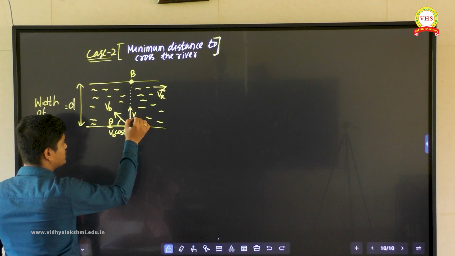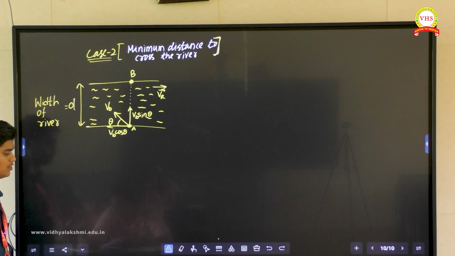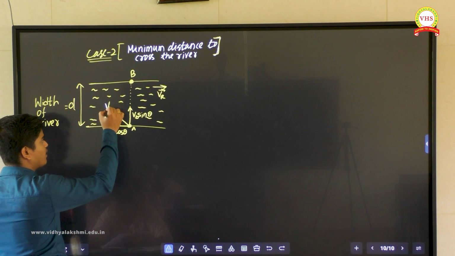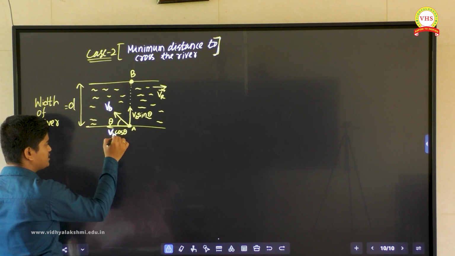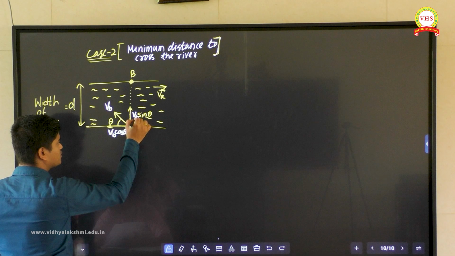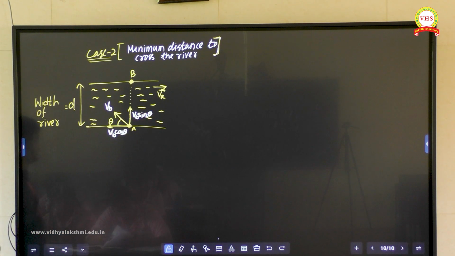This component, tell how much it is? VB sin theta. So the boat velocity VB has one component in this direction, VB cos theta, and one component in the vertical direction, VB sin theta. Yes or no? VB cos theta, VB sin theta.